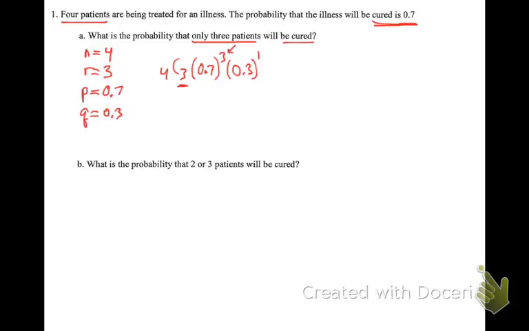To calculate this, 4C3, as we learned in previous lessons, is equivalent to 4C1, which is equivalent to 4. 0.7 raised to the third, type that in your calculator, you get 0.343. And 0.3 to the first is 0.3. When you multiply that all out, you get an answer of 0.4116. That is the probability that only 3 patients will be cured.